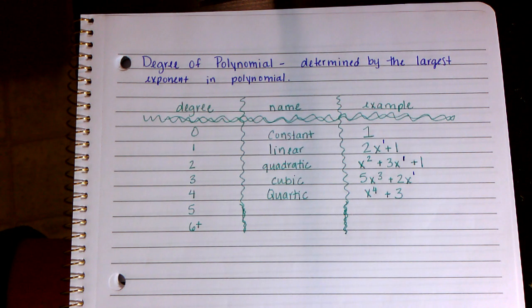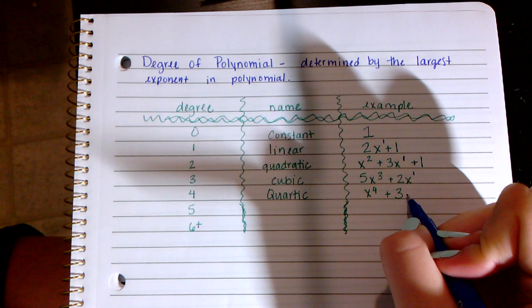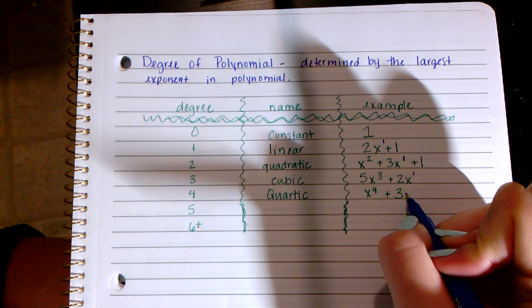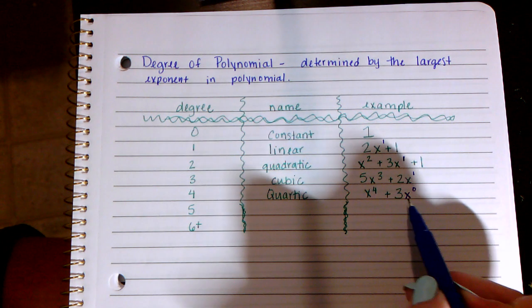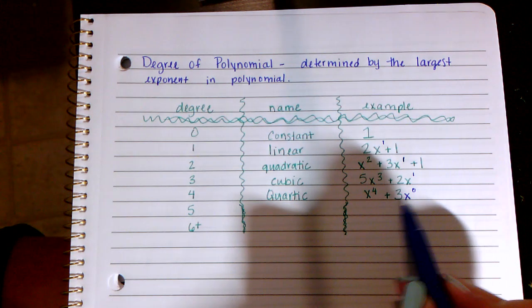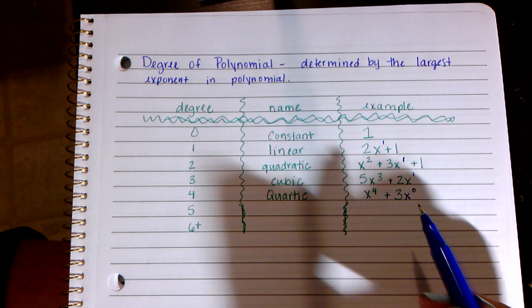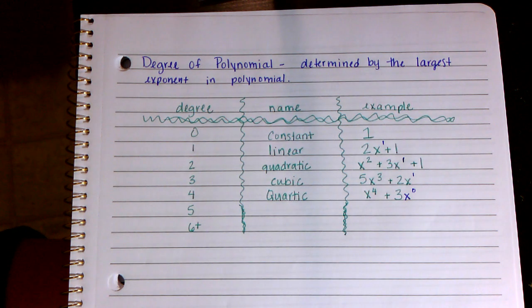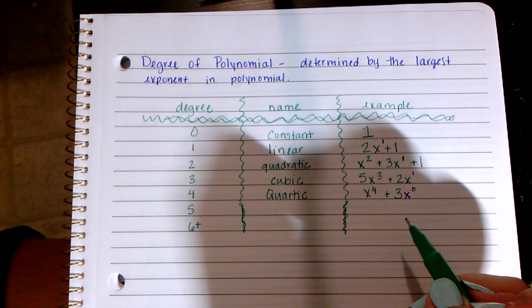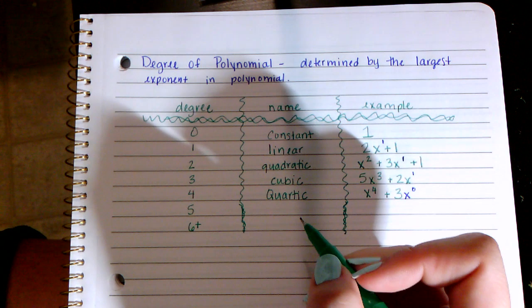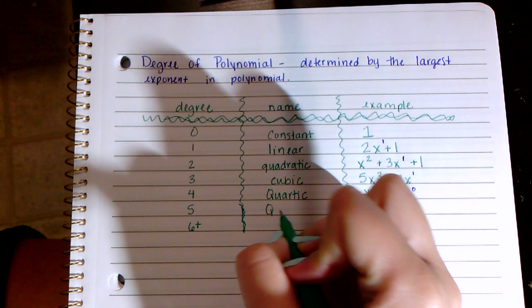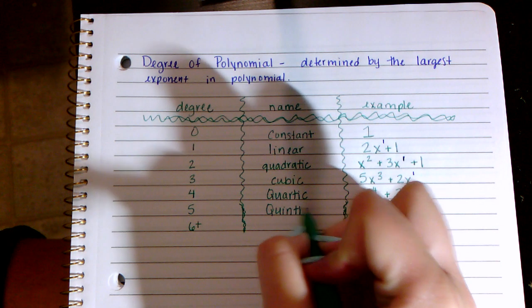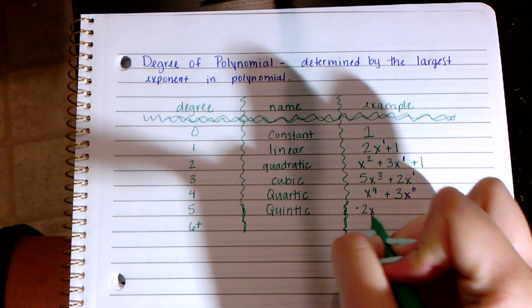And again, if you wanted, you could put an x to the 0 power, because we know anything to the power of 0 is 1, which would still just make that 3 times 1, which is still just 3. Just throwing that 0 power in every now and then. Another one would be, the 5th degree would be quintic. And an example of that.